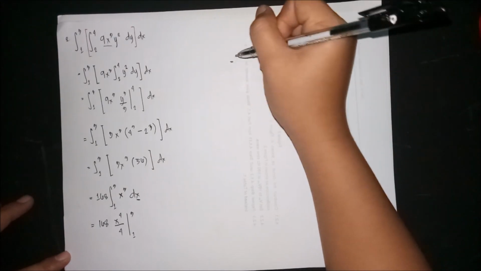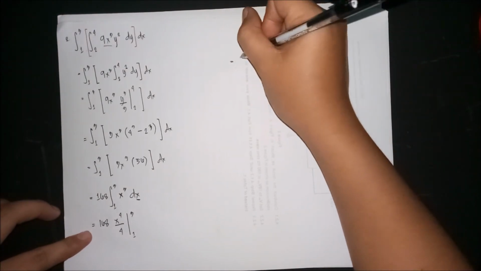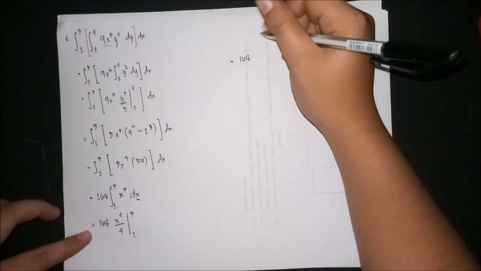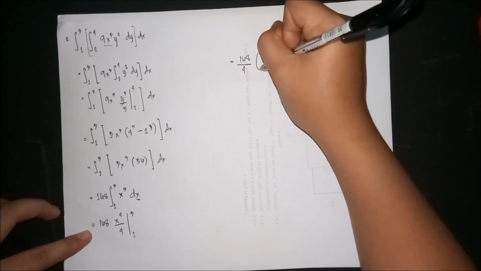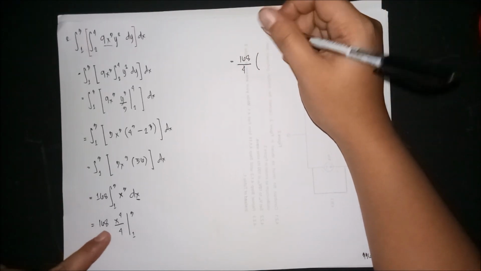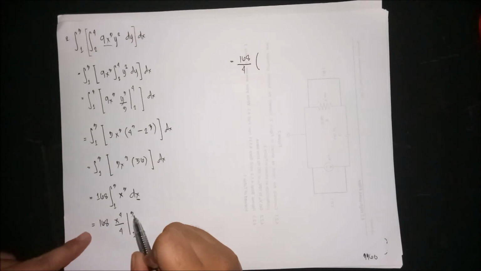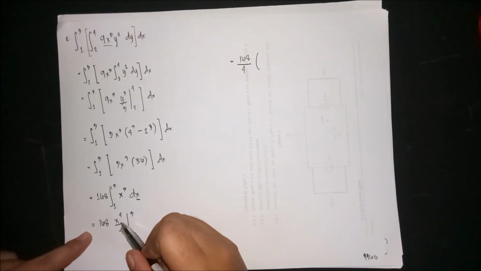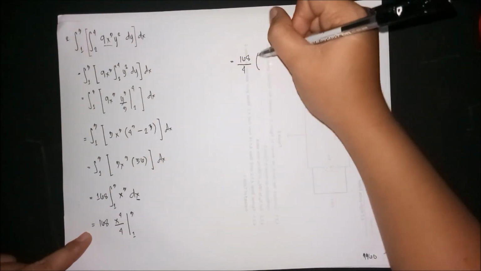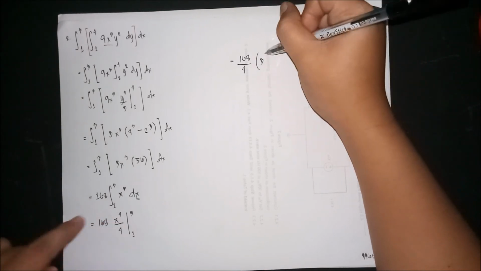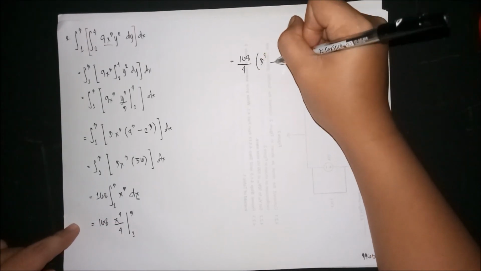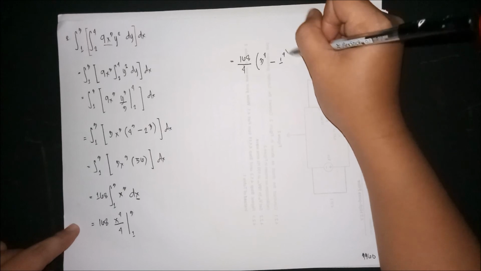Okay? So, this is equal to, I'll write it, class, this 168 over 4. Our limit, class, upper, for the x, we put in the limit. Okay? So, upper is 3, this is 3 to the power 4, minus the lower, 1 to the 4.